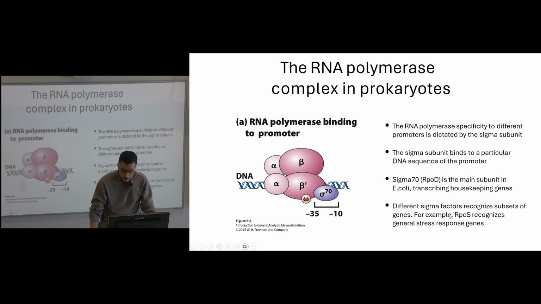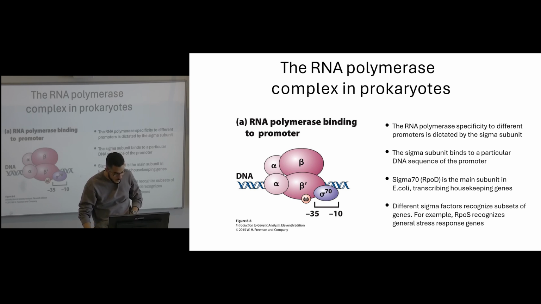There's another one, for example, called RPOS, sorry. And this is for the general stress response. So when there's stress in the cell, the sigma subunit will be specific for this. These genes will be activated and will be able to bind the genes for stress response and induce a pathway downstream. Does that make sense?